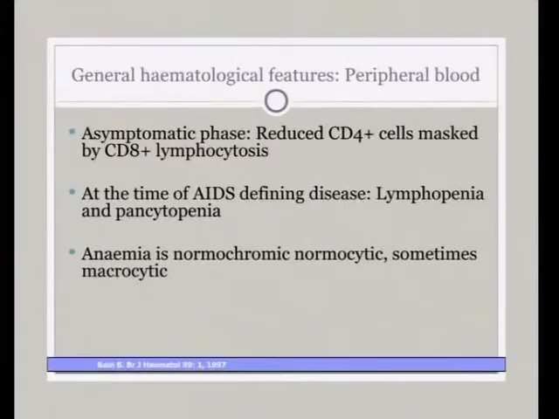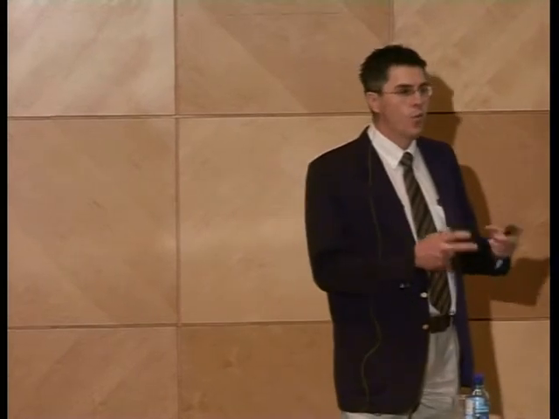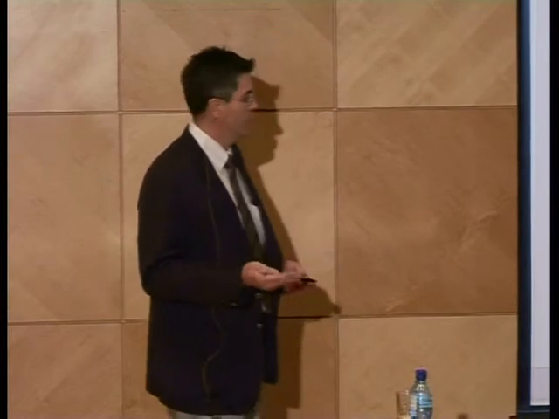The anemia is usually normocytic, normochromic. In other words, it's normal-sized red cells, and they are normal in terms of the content of the hemoglobin. And sometimes they can be macrocytic. And this is independent of zidovudine therapy, of D4T therapy.